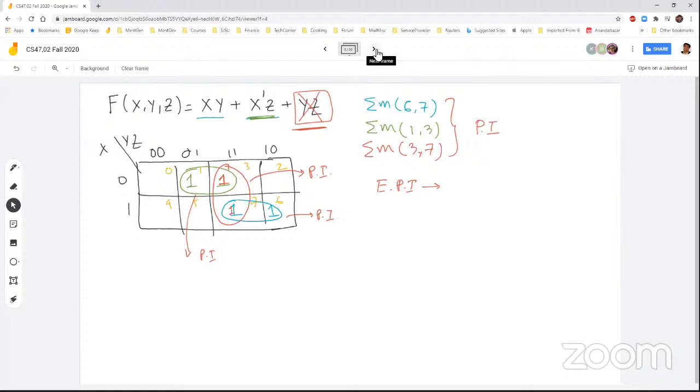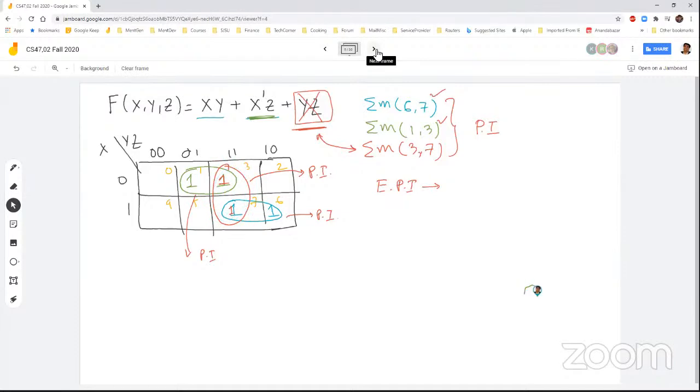For example, if you look at this green group, no other group is covering this one, so that's my EPI. Also this group is uniquely covering 6, this box, so that becomes my other EPI. But the group that belongs to yz is not covering any unique one. So we don't need it in our process, and we can drop it.